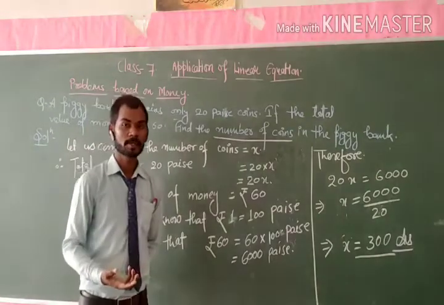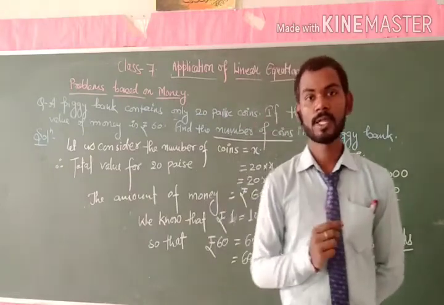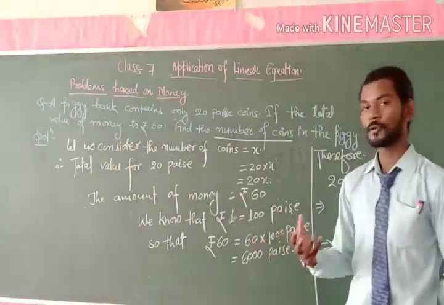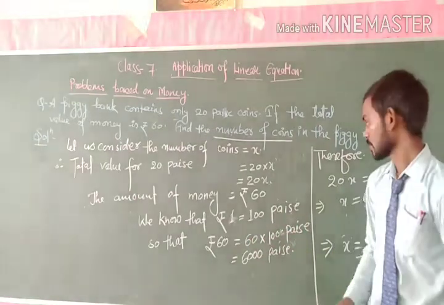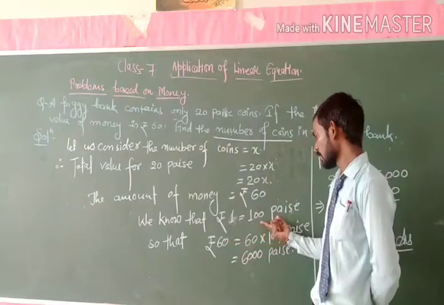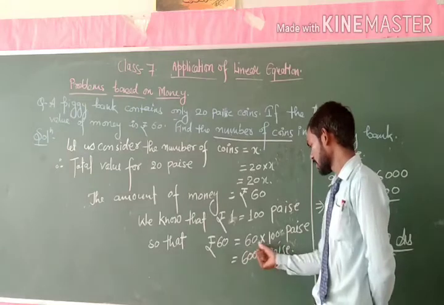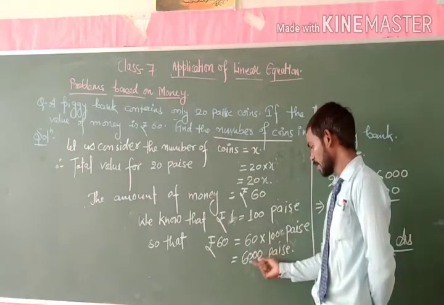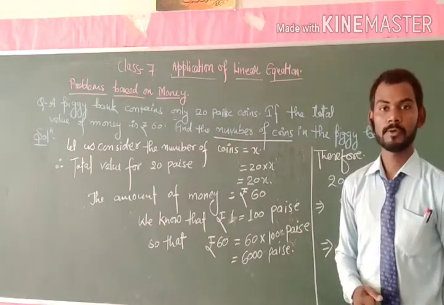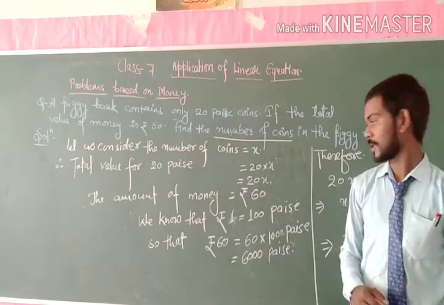The operation is only possible when the quantities are the same. We know that 1 rupee is equal to 100 paise, so 60 rupees is equal to 60 multiplied by 100, which is 6000 paise.